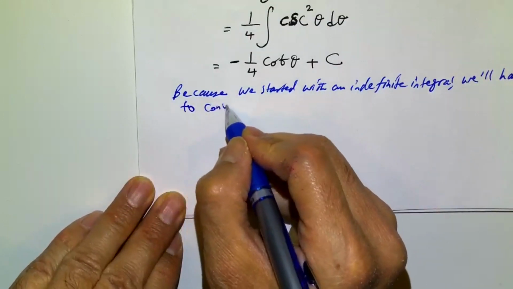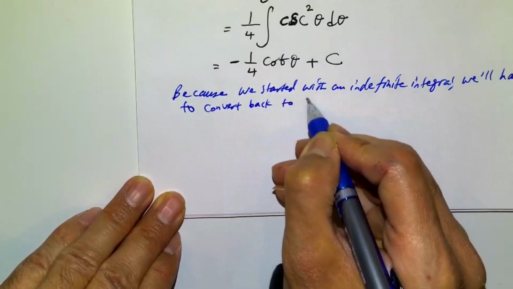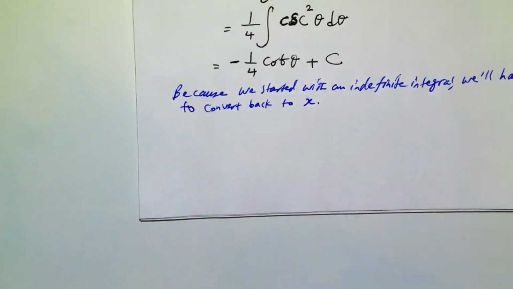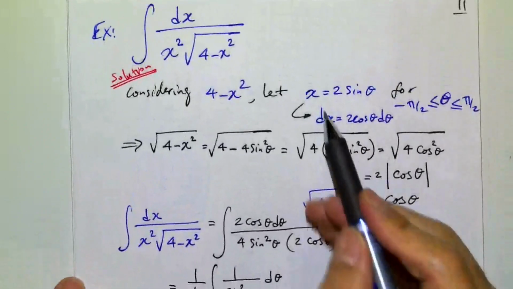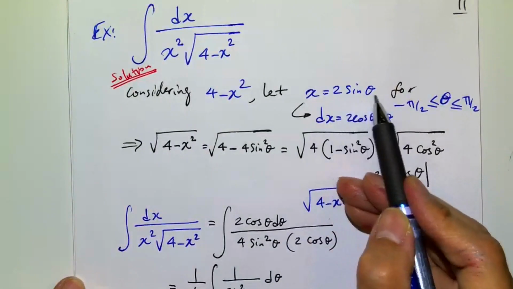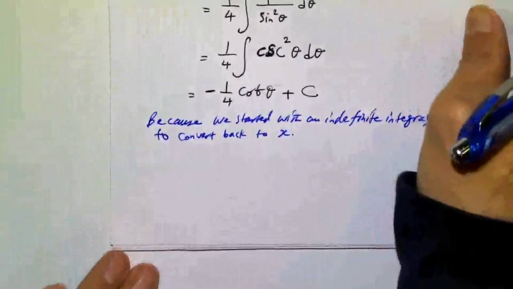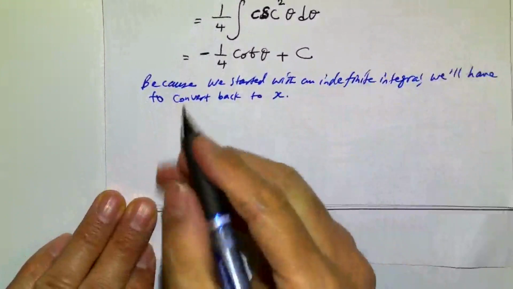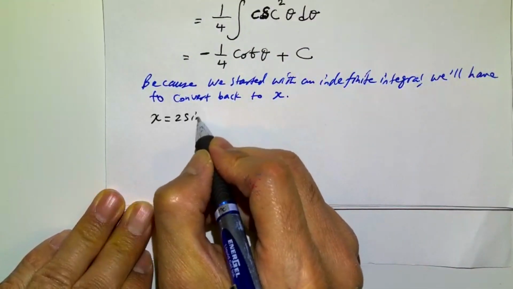we'll have to convert back to x, and we're going to use that. So we started with x equals 2 sine theta. So sine theta is equal to x over 2, right? Let me write that here. x equals 2 sine theta.